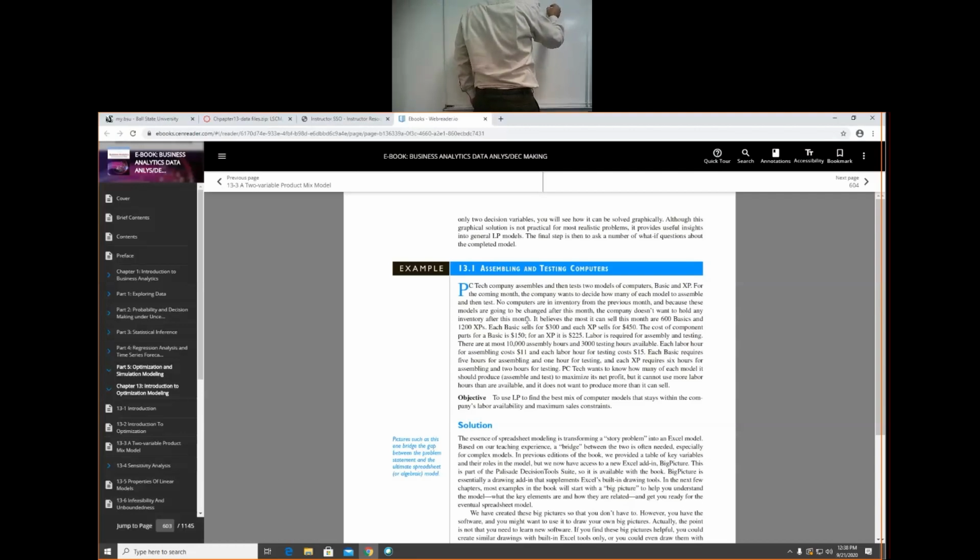First is the objective variable. What's the second variable? Do you remember? The second variable is the constraint.